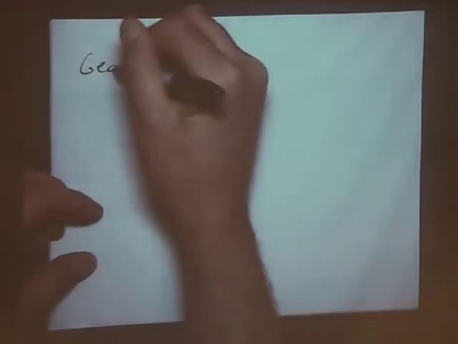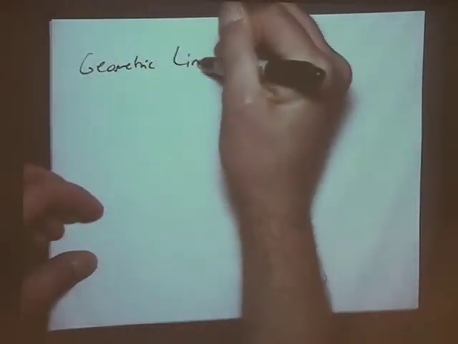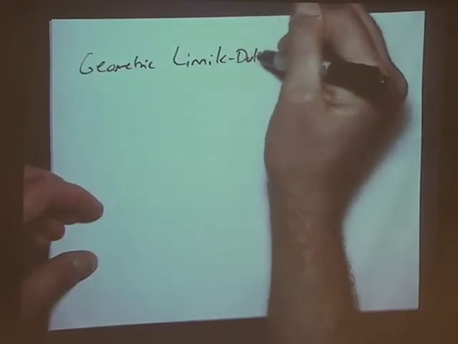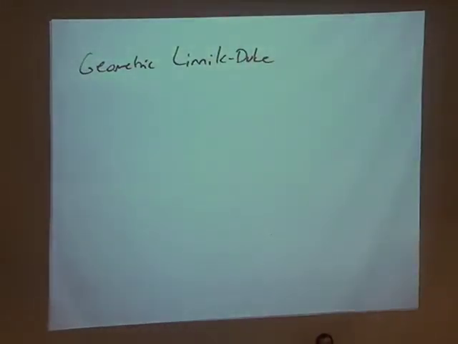I have even more on this list, but I'm going to say almost nothing about this. Linnik-Duke is a theorem about equidistribution of Heegner points.